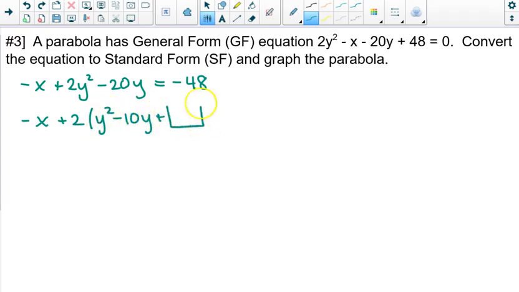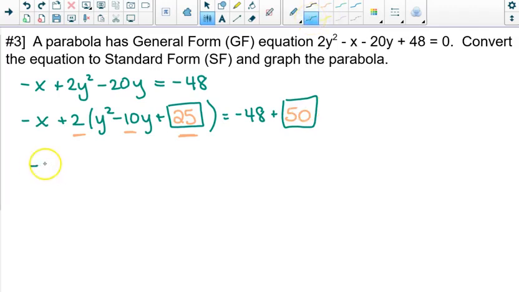Then you can complete the square. Okay, so what number completes the square? We take half of -10, which is -5, and square it, and we get 25. So 25 completes the square. But we didn't really add 25. We added 25 times 2. We added 50. So to the other side, let's add 50.